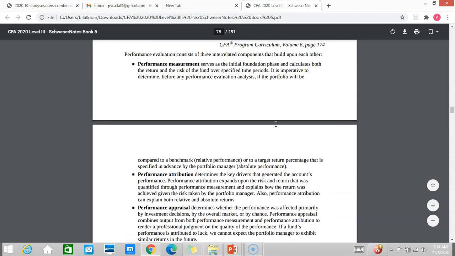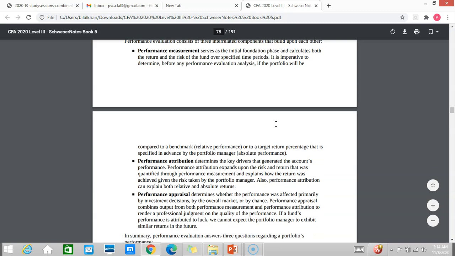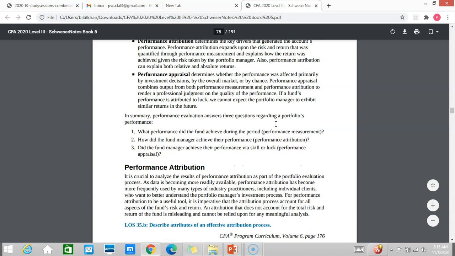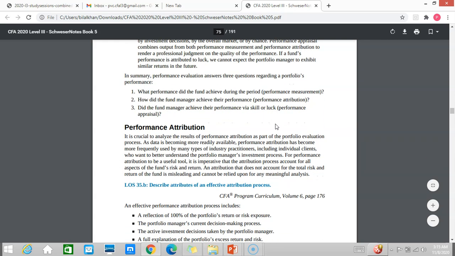So these three are the evaluation tools: measuring the performance, attributing the performance, where is it coming from, and then performance appraisal, was it the right strategy, were the decisions right or not. And basis this you decide the portfolio evaluation, that is, what is the overall performance of the portfolio.